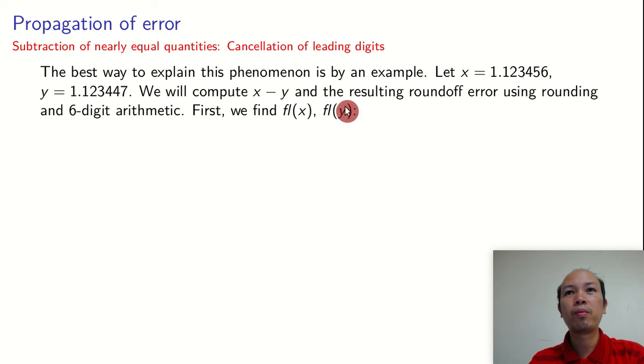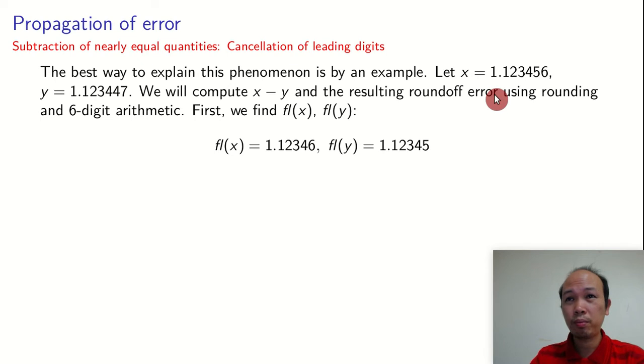For example, your x is 1.123456 and your y is 1.23447. These are very close numbers, almost equal. If you get the difference x minus y, the resulting round-off error using rounding and 6-digit arithmetic will be this result.